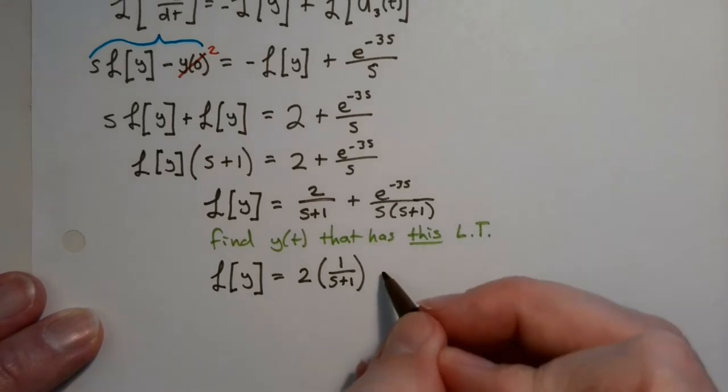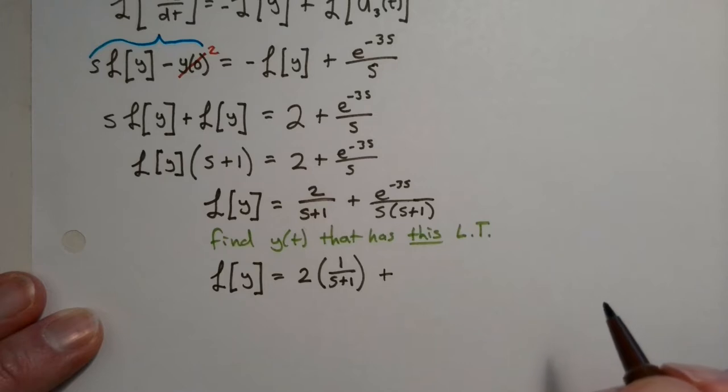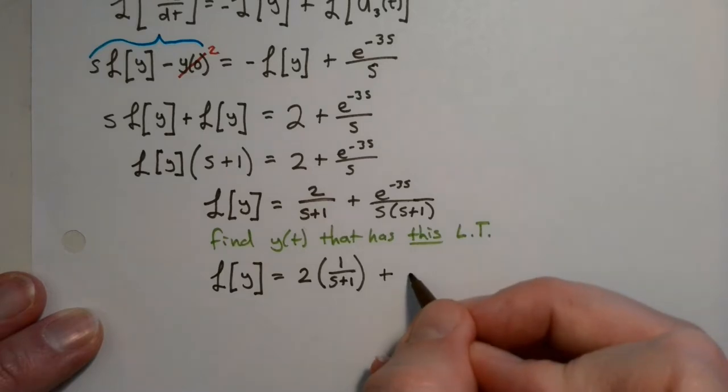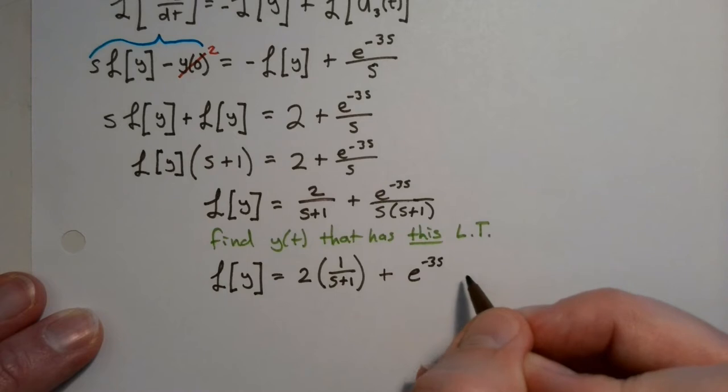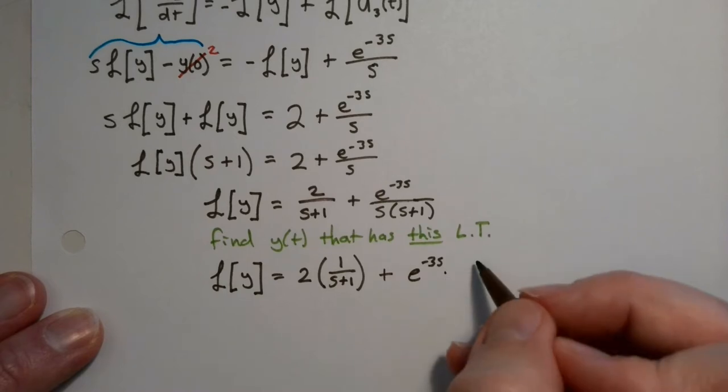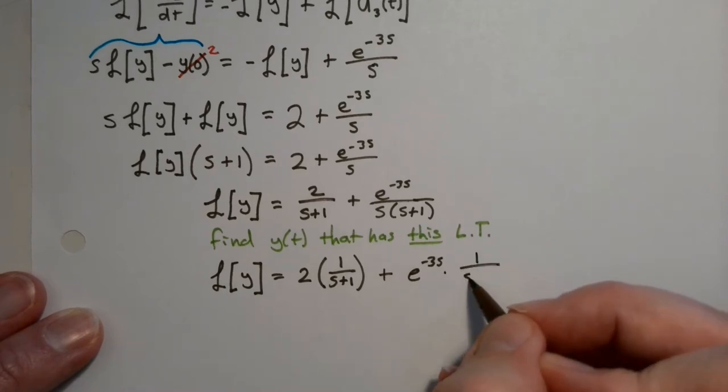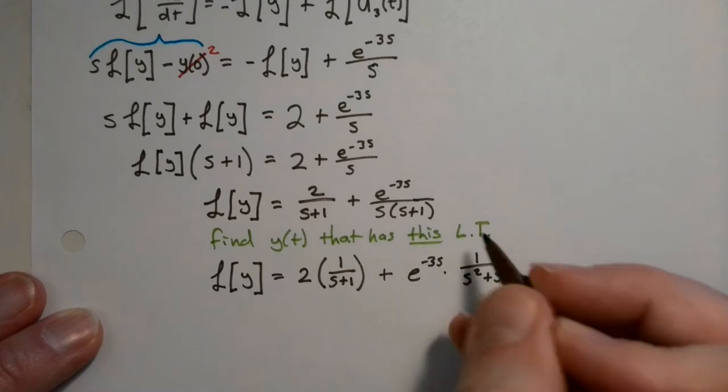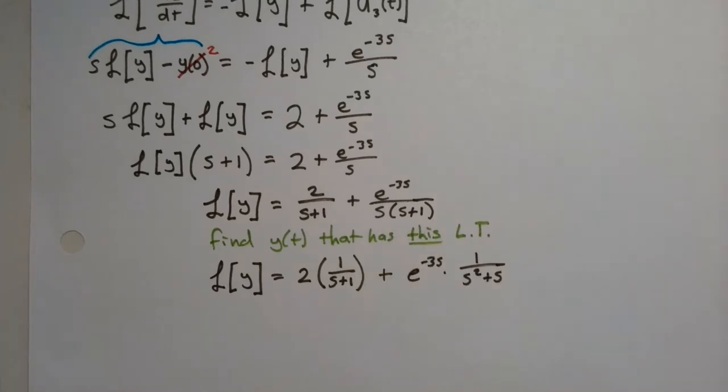And this one I'm going to rewrite in a slightly different way. I'm going to write this one as e to the minus 3s times 1 over s squared plus s. I just multiplied the s through. And by writing it that way, I'm trying to figure out a way to manipulate this a little bit.